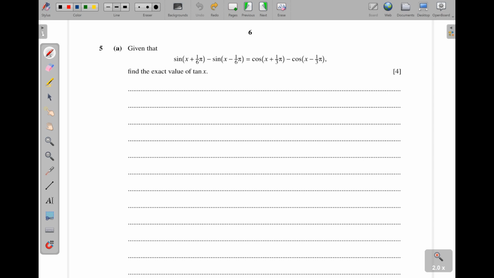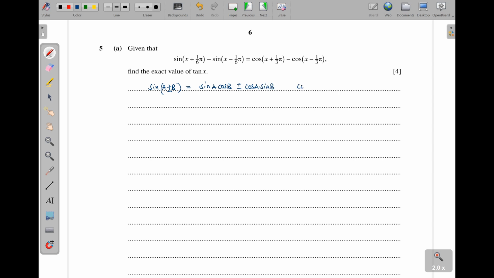Okay? So let's look at the left side. Sine of a plus or minus b, in the list of formulae, they give it to you. This one is going to be sine a cos b, then plus or minus cos a sine b.